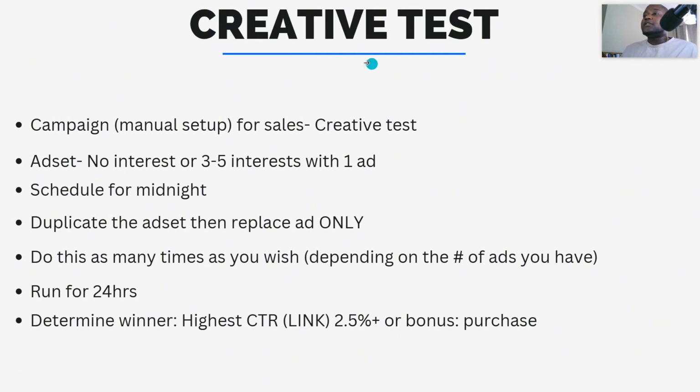All right. So let's talk about the creative test. Once again, when you go to Facebook, you want to use the manual setup and you want to optimize for sales. You're going to see Advantage Plus and you're going to see objectives if you want to get awareness or leads. Always optimize for sales. If you ask why, simply because Facebook will send your offer, your advertisement, to people who have a history of actually making purchase actions or purchase decisions.